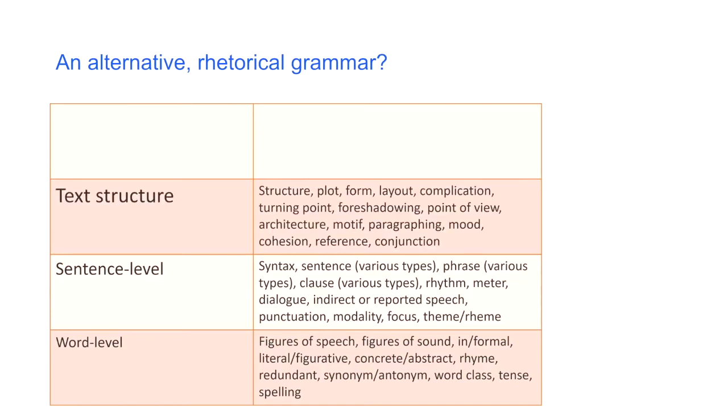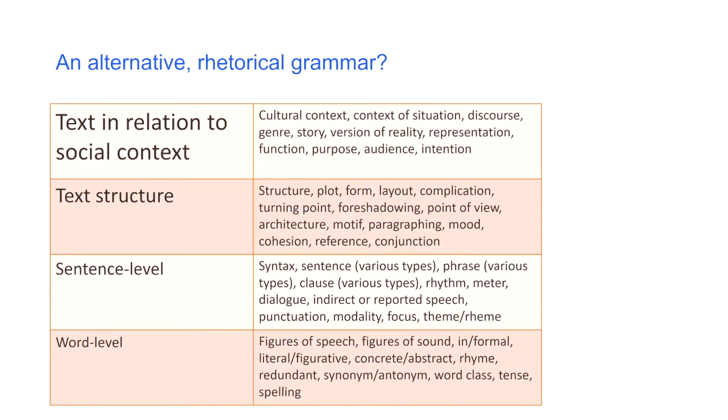And again, at the level of text itself. Have you ever thought of things like plot, form, layout as being sort of grammatical in this sense? Maybe not. But when we think of grammar as a set of elements and conventions that underlie a culturally specific form of communication, we might in fact think of these notions as grammatical if we move beyond grammar at the word level.